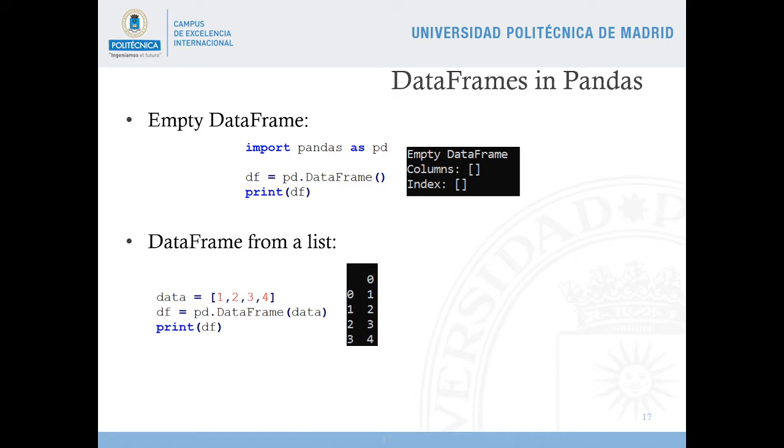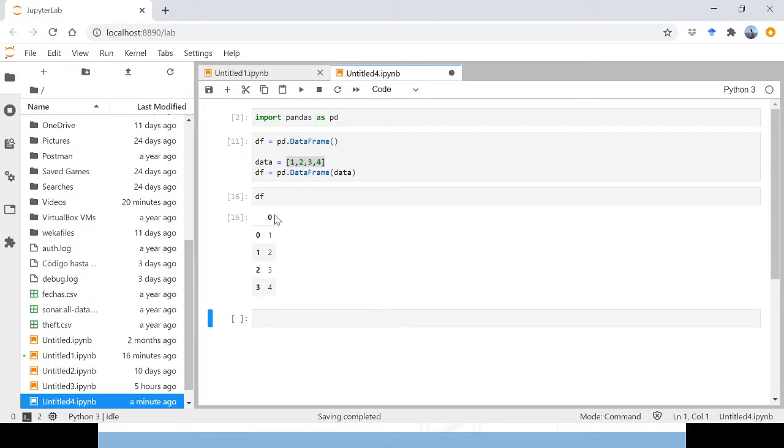Like this, okay? You can also see, well, here and also here, that here we have a 0 and here 0, 1, 2, 3. These are the column names and the index or row names.